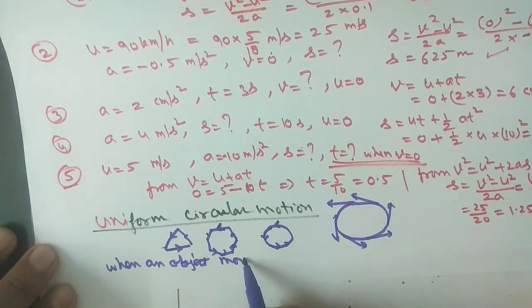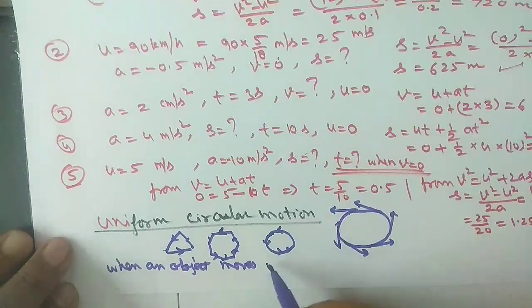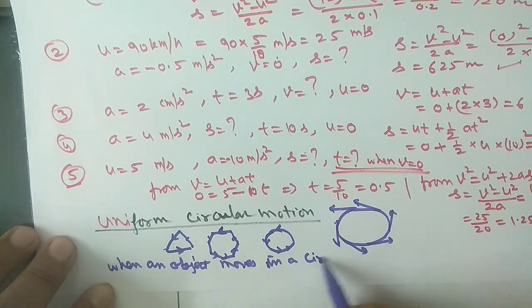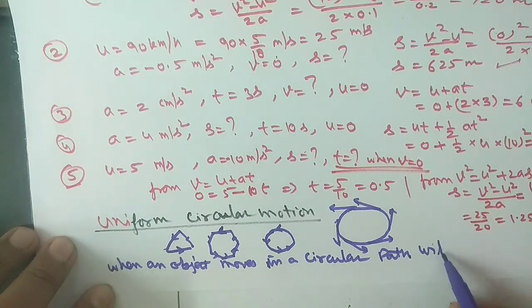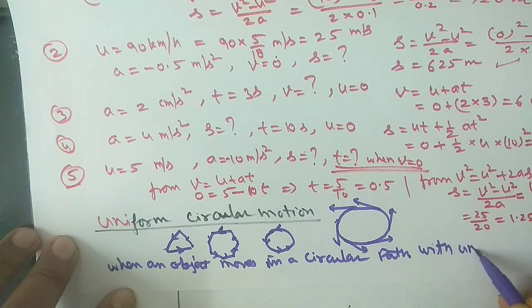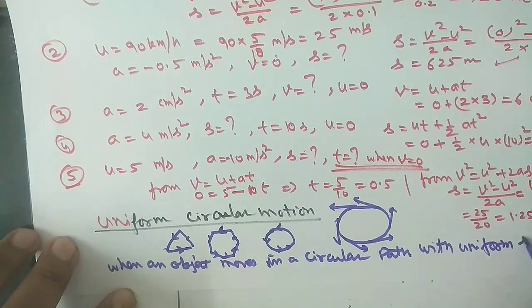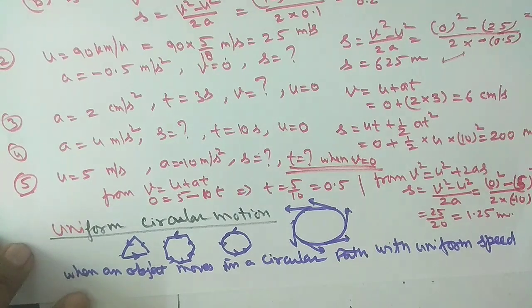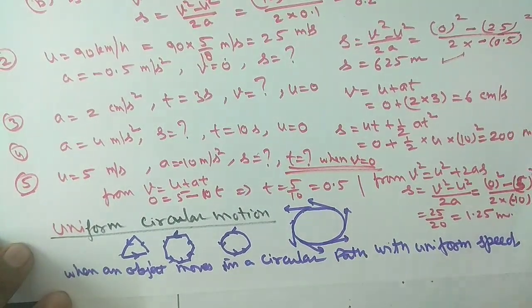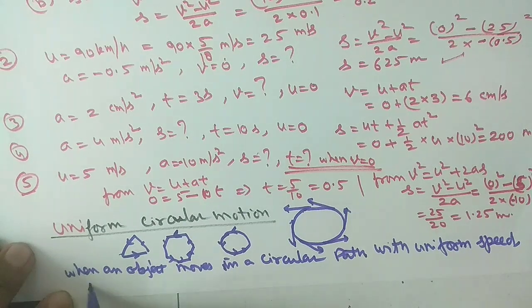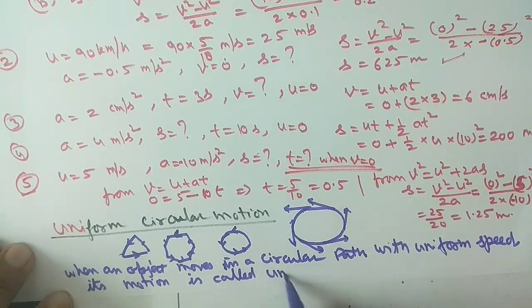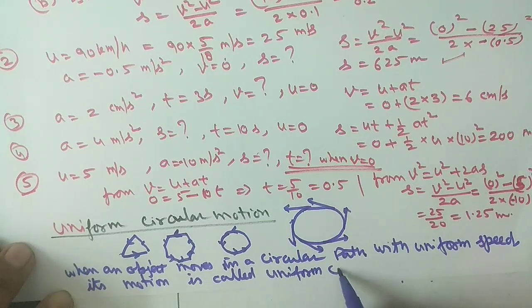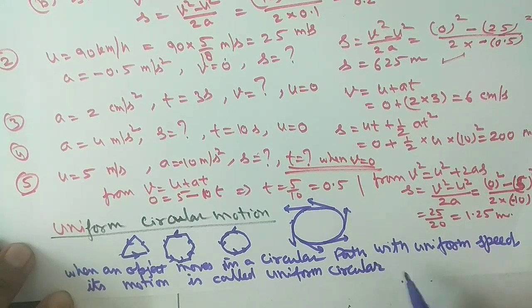moves in a circular path with uniform speed, its motion is called uniform circular motion.